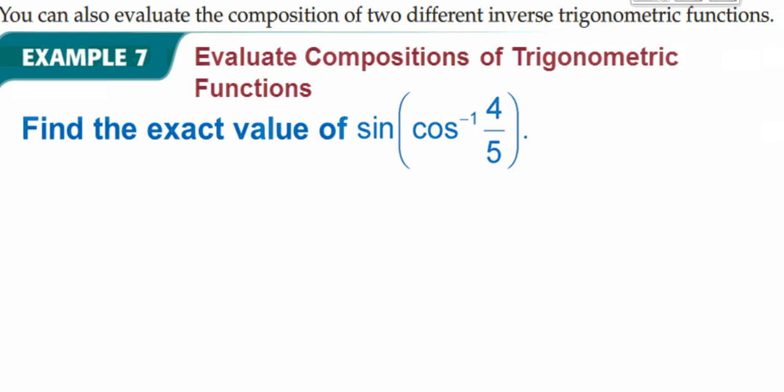We're going to use the expectation that we're going to be using positive values when we do a problem like this. Similarly, when we have a variable here, because we will. So this is number 7, the sine of the inverse cosine of 4/5.